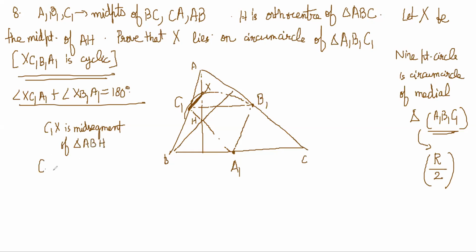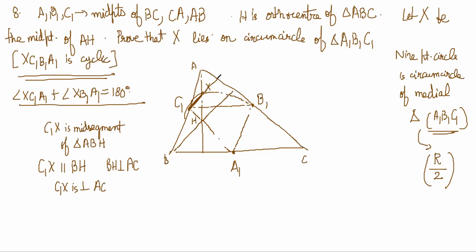So C1X is parallel to BH. Since BH is perpendicular to AC, C1X is perpendicular to AC, right?